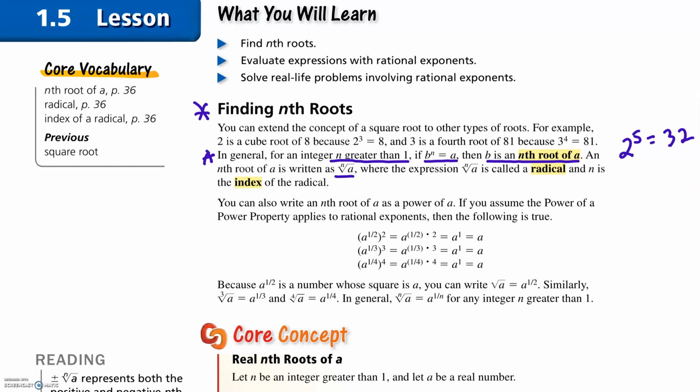The notation that we use for the nth root is right here. We read that as the nth root of a. This expression is called a radical, and the number n, whether it's 2, 3, 4, 5, 6, whatever it is, is called the index of the radical.